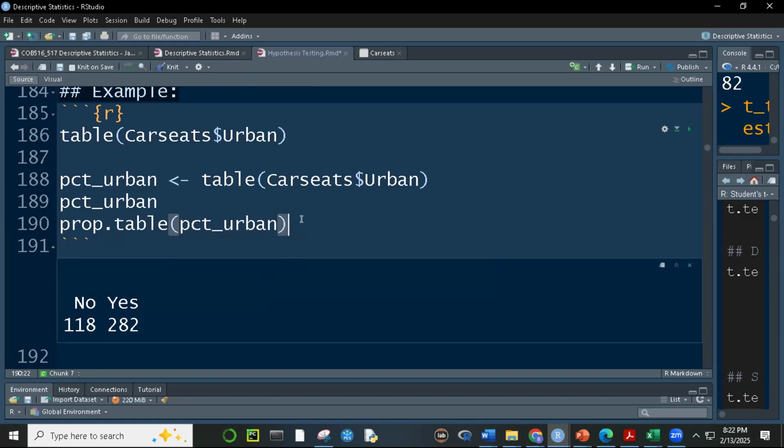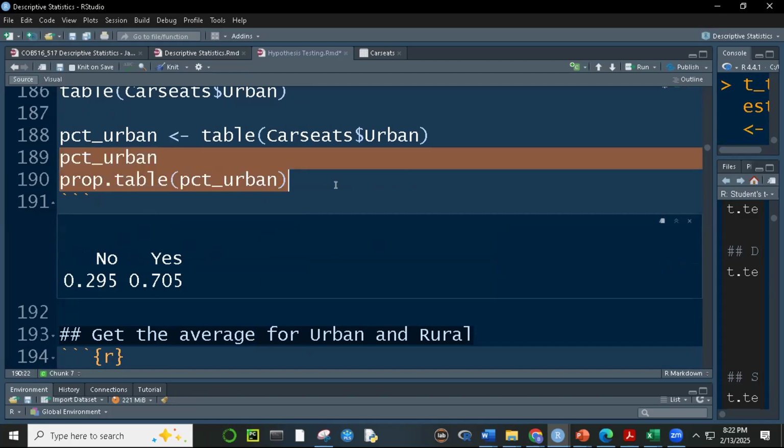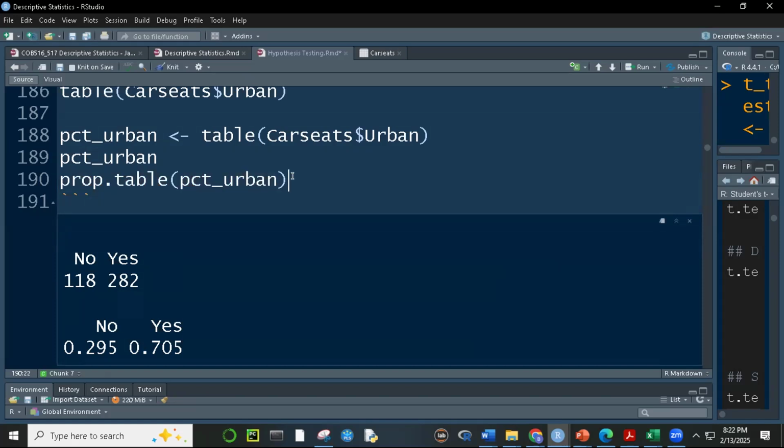Control enter. All right, there. So what I did was just to give a proportion in terms of percent. So if you need that, instead of the count, here you have both, the count and the percentage. What you do is use also the table function, but give the result a name, and then use the proportion table function on it.